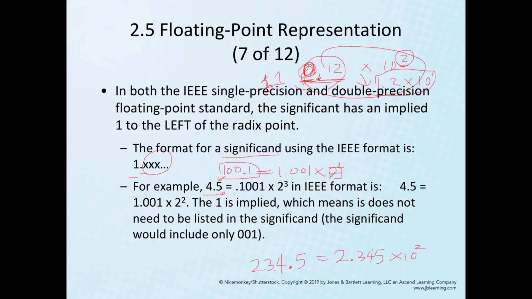But since this is a binary number, the base is always 2. So we have this value, and then we represent it in IEEE standard format. Always remember that the significand part should be 1 point whatever, and then adjust the exponent accordingly. This process is called the normalization process.